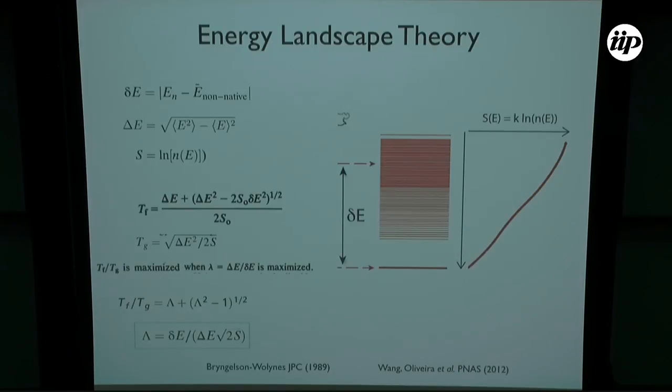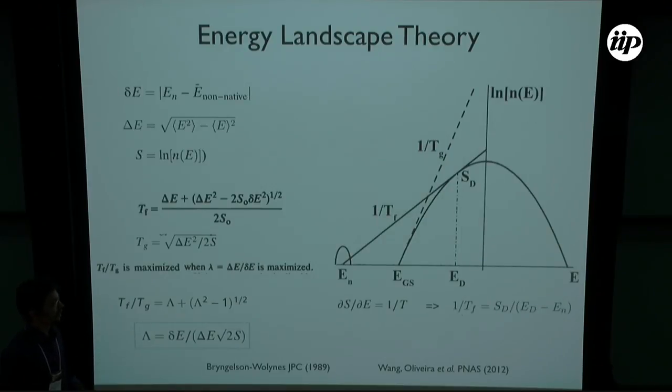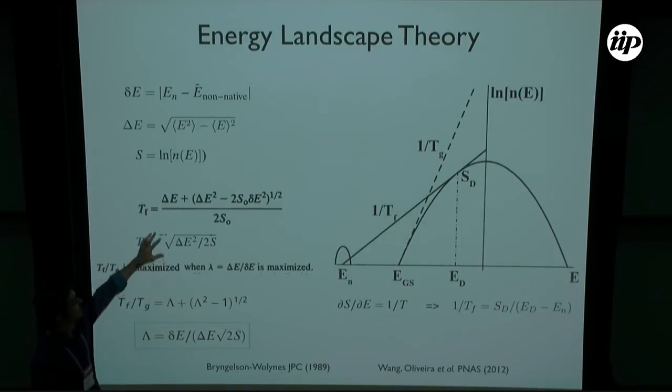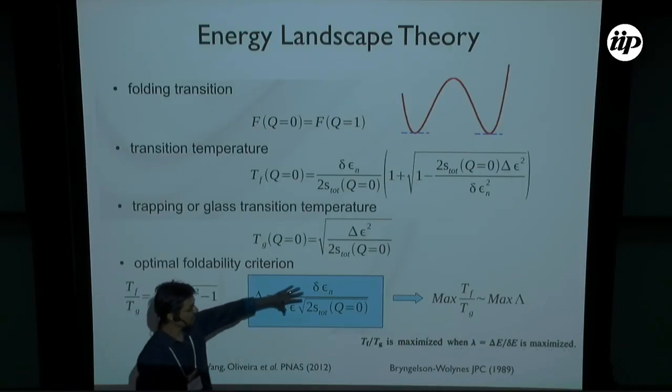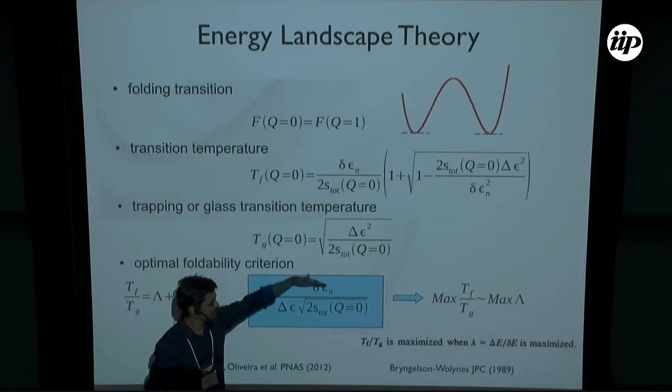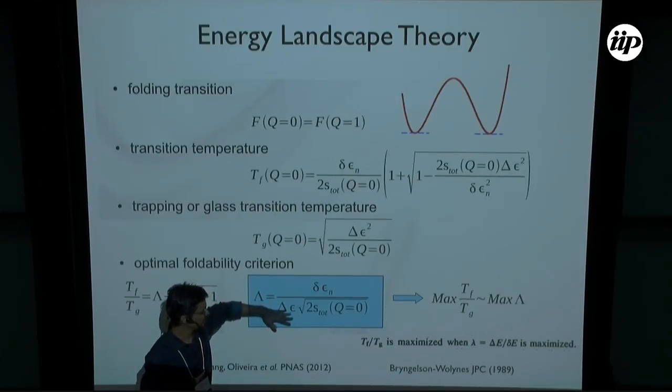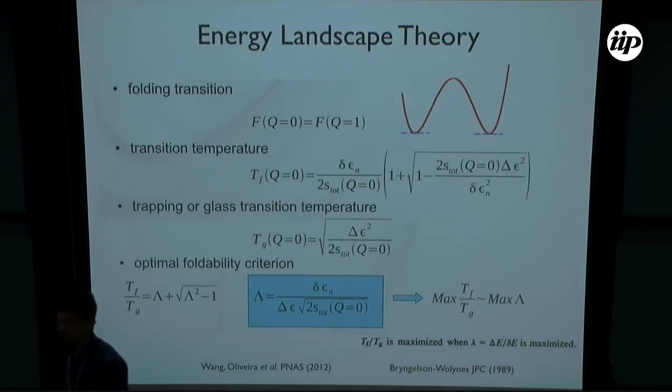In the literature, people most of the time swap this notation. Sometimes it's big delta E here, sometimes small delta E here. So let's stick with this notation, and I'm going to use this one. We want to calculate the gap over the roughness, scaled by the configurational entropy.